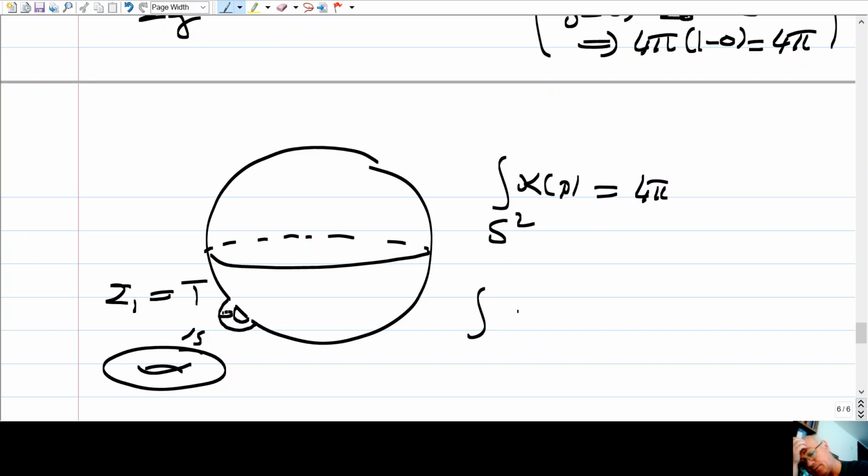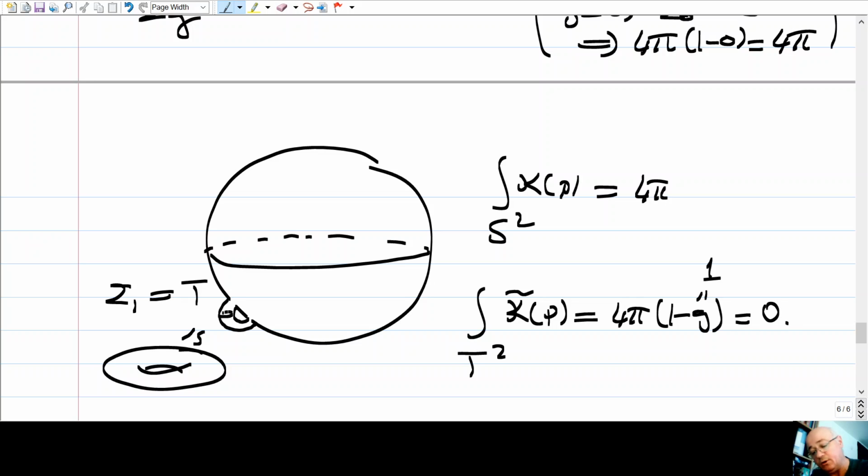Suppose this is the new Gaussian curvature, and these two functions are the same on almost every point of the sphere except this small piece. But now this integral is what? This is just 4 pi times 1 minus g, but g is just 1 since it's a torus, so it becomes 0.